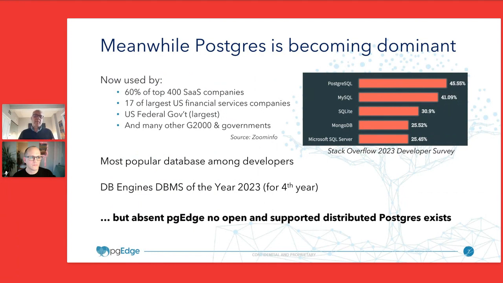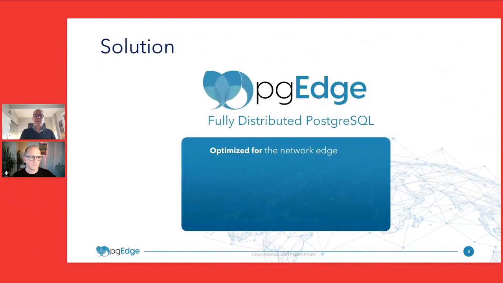Postgres is becoming dominant, and it's now the most popular database among developers, according to things like the Stack Overflow developer survey. But until pgEdge came along, there was no open and supported distributed Postgres.